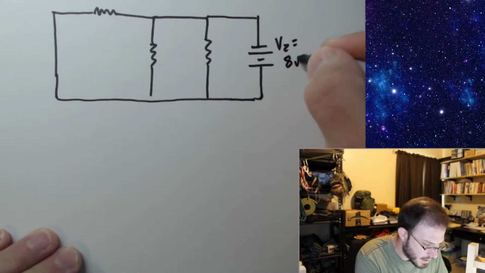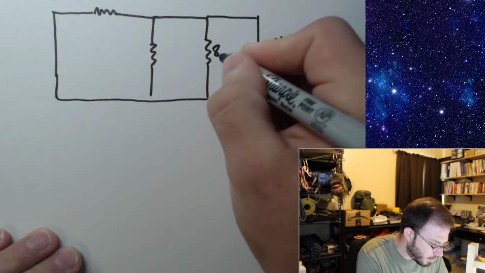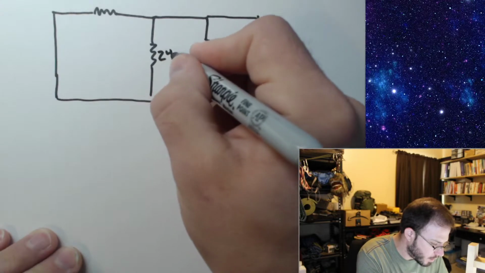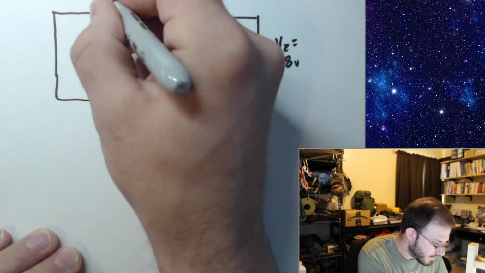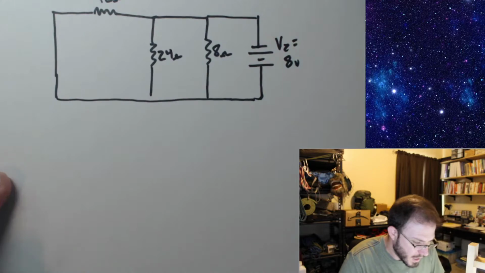V2 is equal to 8 volts. We have an 8 ohm over here. We have a 24 ohm over here. And we have a 12 ohm over there.